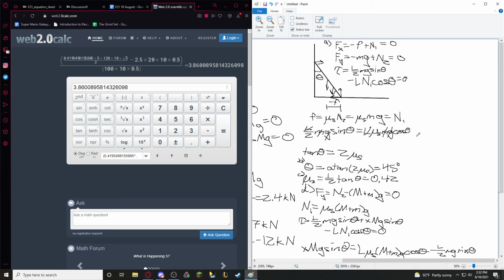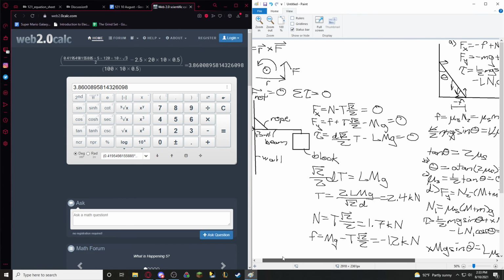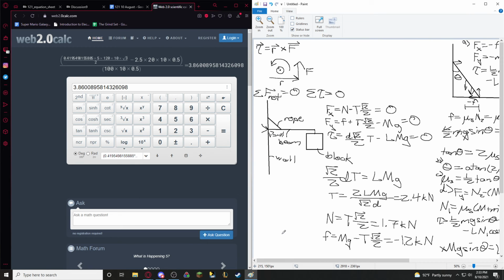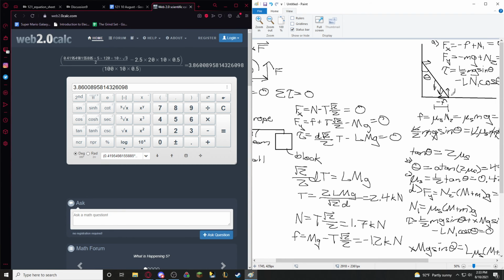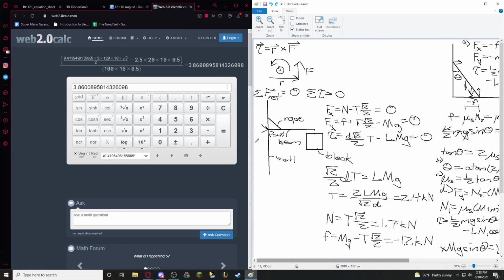Where do you select your pivot point for the torque? You select it where you can cancel out a force, right? Yeah, you select it where you can simplify it the most by canceling the most forces. So for the ladder, you select it on the floor where there's 2 forces. For the beam, you select it on the wall where there's 2 forces.